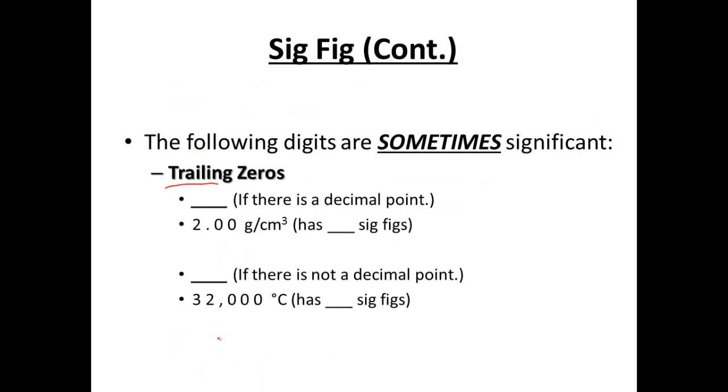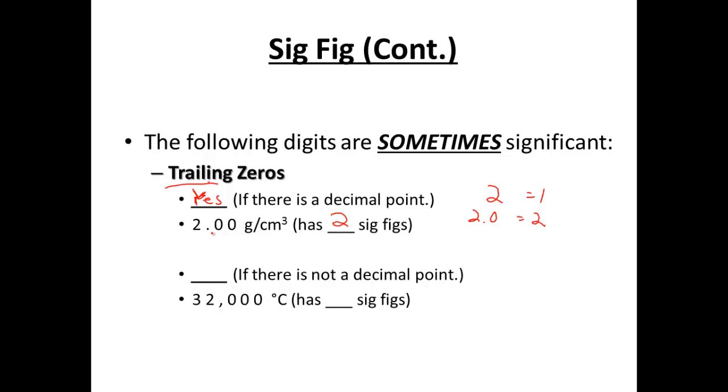The following are sometimes significant. So now if we look at trailing zeros, if there is a decimal point, then we say yes to it. If there is a decimal point, then that's a yes. So 2.00 grams per cubic centimeter has 3 significant figures. If we had a number like 2, there'd just be 1 significant figure. Or 2.0 would have 2 significant figures.